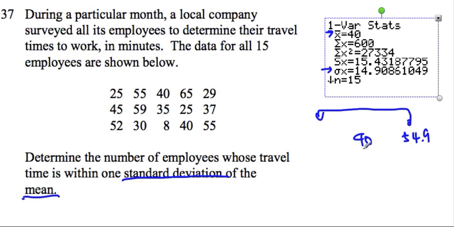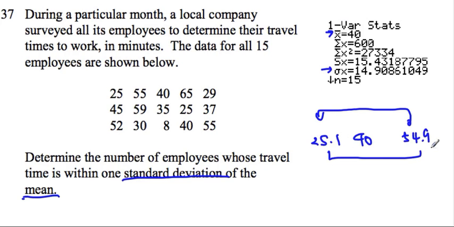And then what if we were to subtract 14.9 from 40? Then it would be 25.1. So we're looking for numbers between 25.1 and 54.9. So we end up getting these two don't work. This one works. This one doesn't work. Works.